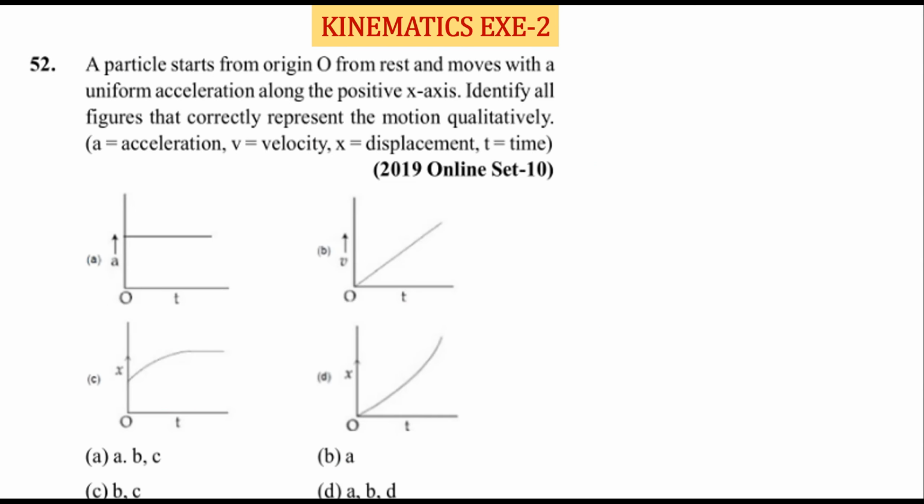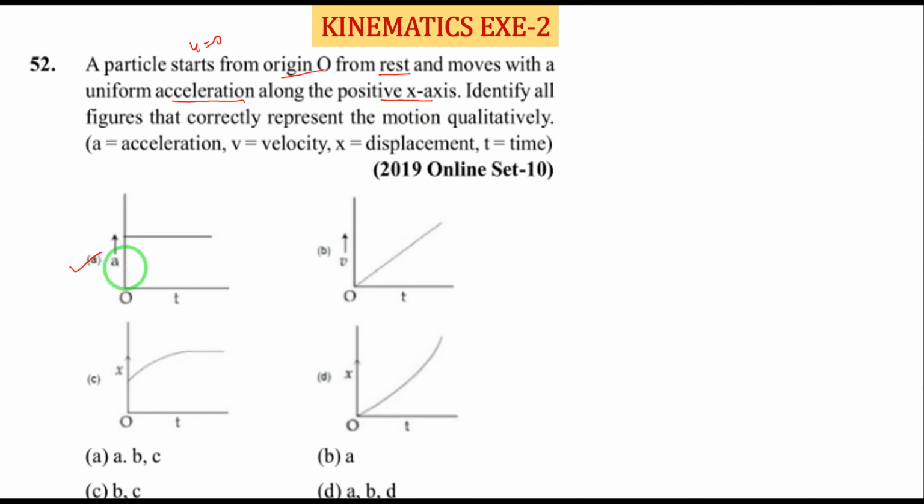So in question number 52, a particle starts, means initial velocity is given 0, from origin, from rest, and with the constant acceleration and in the positive direction of x-axis. So हमें a-t, v-t और x-t graph को identify करना है.